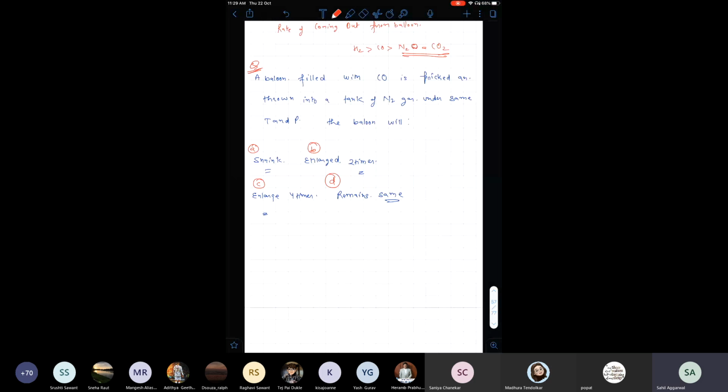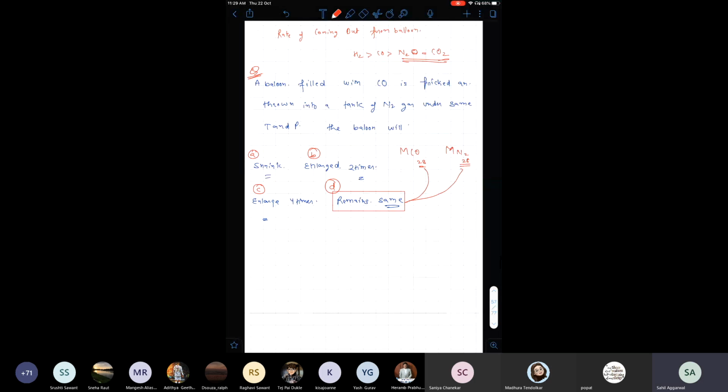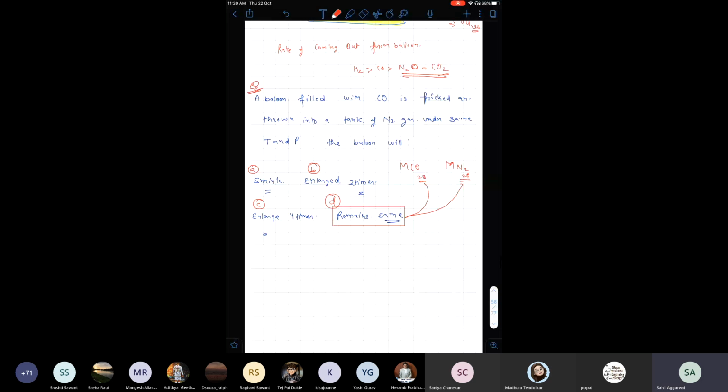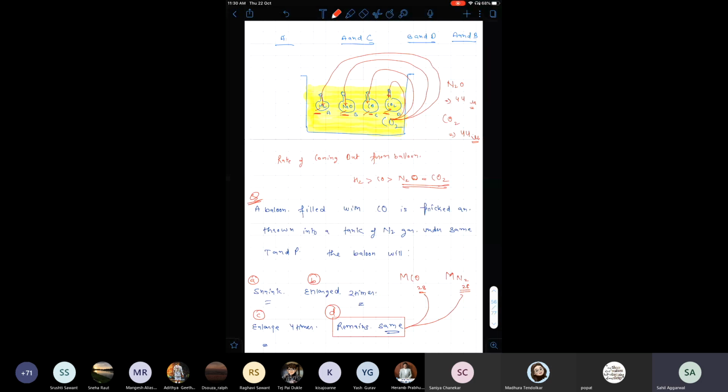Saniya did reply. Mass of CO is 28. Mass of N2 is 28. So rate of going inside and coming outside will be same, so it will remain the same. All of you understood this? Then let's move to the numericals.